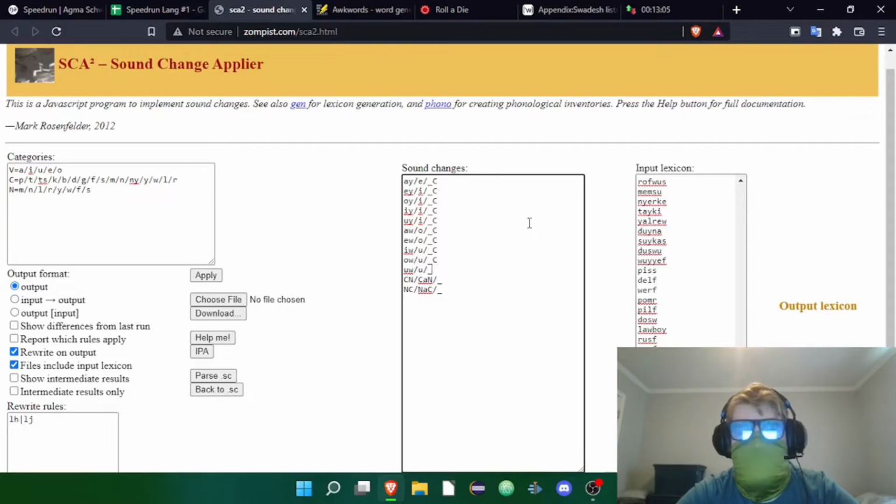Before a consonant. And then let's have nya go to na when it's at the end of a word. So there's a boundary. Let's have nya go to na when it's at the end of a word.